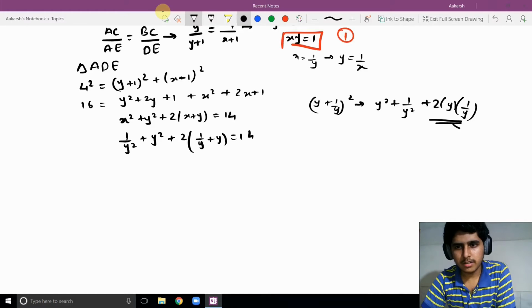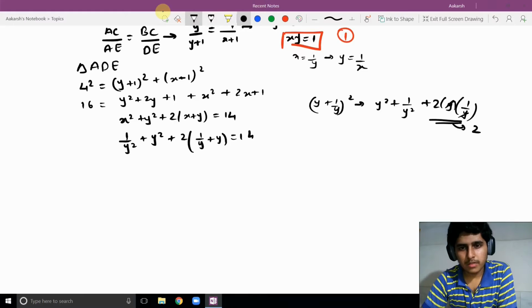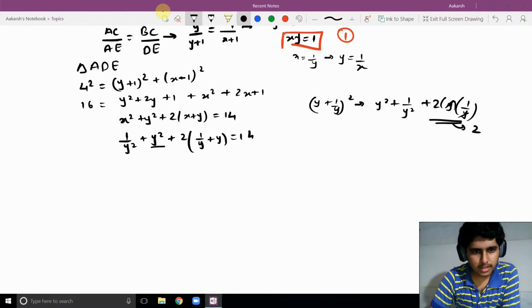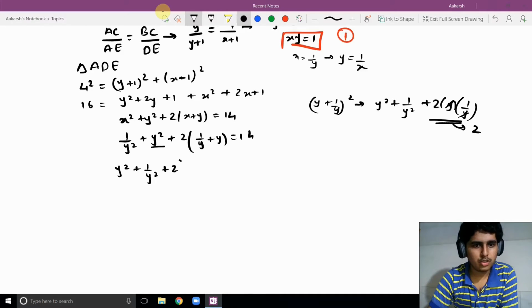This third term is nothing but 2, because the y and 1 by y cancel. So y plus 1 by y the whole squared is actually y square plus 1 by y square plus 2. I have a y square, I have a 1 by y square, all I need is a plus 2. This is actually kind of the completing the square method. I have the a square term and the b square term, I just have to create the two ab term. So I get y square plus 1 by y square plus 2.